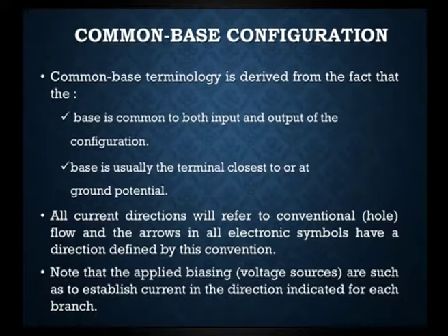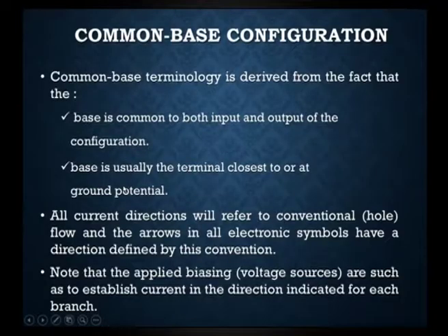So, let us start with the common base configuration. For the common base transistor configuration, the transistor should be connected in such a fashion that the base is common for both input signal and output signal. And also, the base is grounded, or nearest to ground, and that type of connection is called the common base configuration.